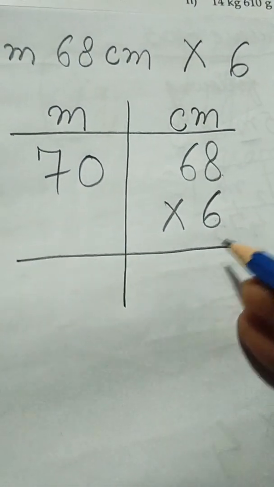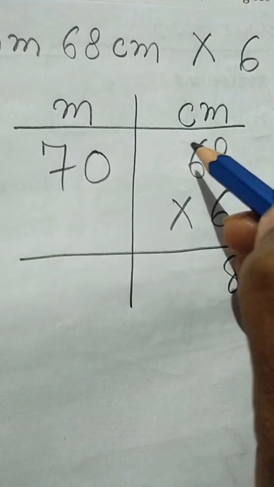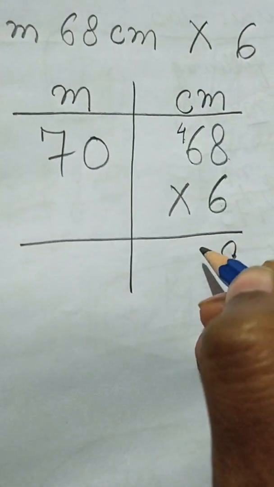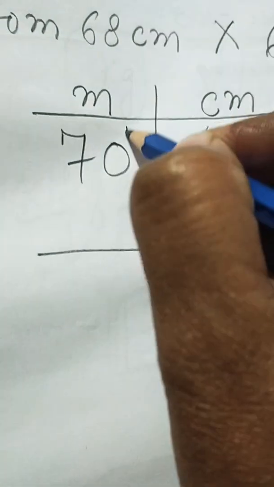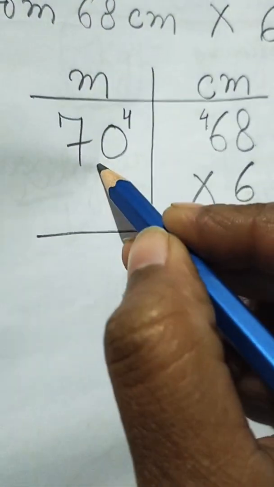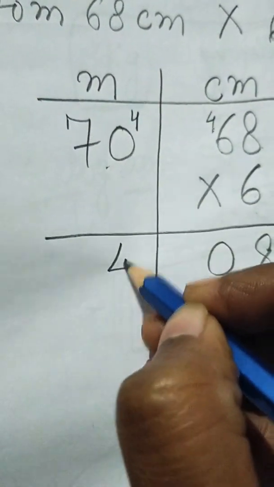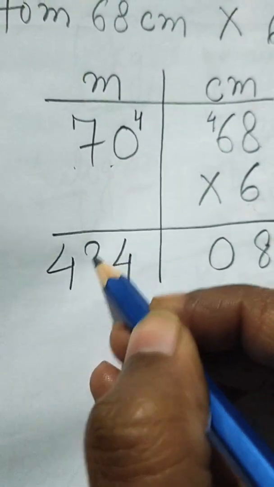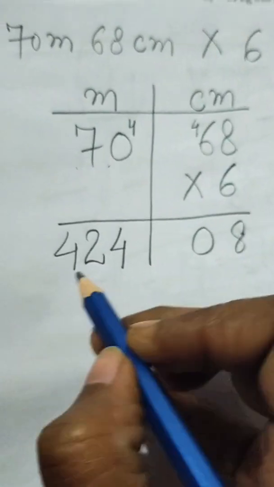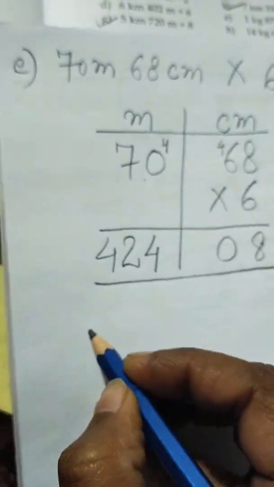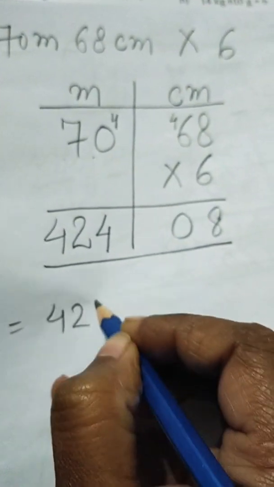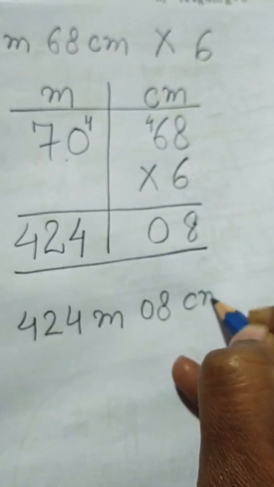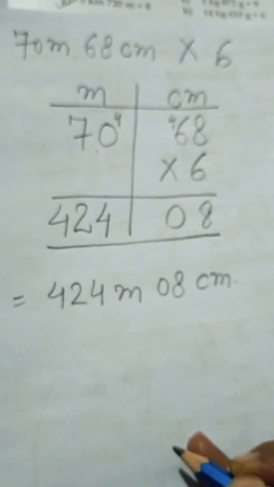Now 6 8s are 48, 4 will be carried. 6 6s are 36 plus 4 is 40, again 4 will be carried. 6 zeros are 0, 0 and 4 is 4. 6 sevens are 42. Yes, so here we got 424 meter and 08 centimeter as the answer.